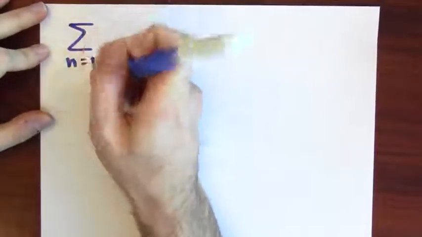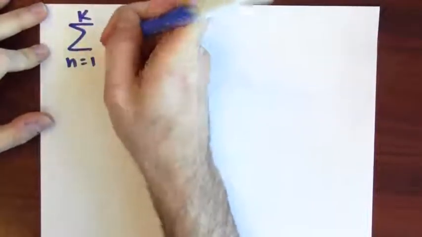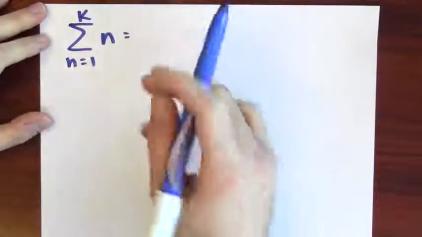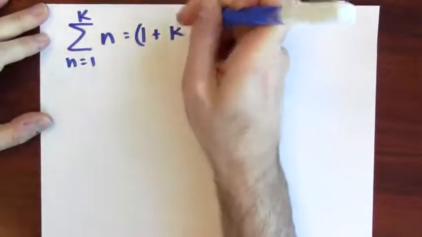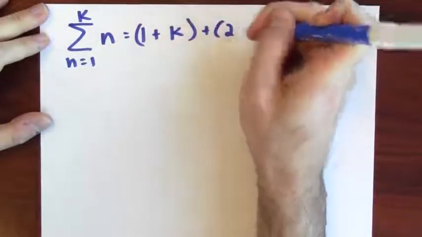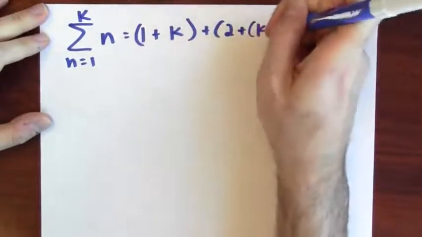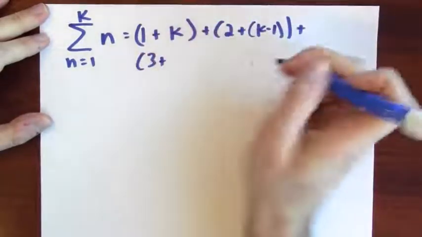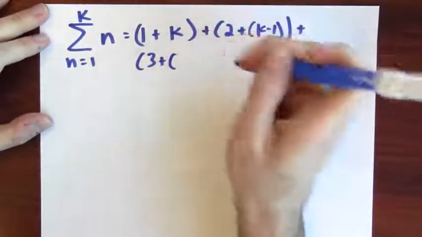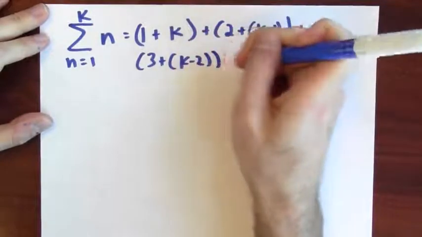So in general, I'm trying to do the sum, n goes from 1 to k, of just n. I'm trying to add up the first k whole numbers. And if I write this in a different order, and let's say k is even, just to make this a little bit easier to think about, I'll take the first number and the last number and add those together, the second number and the second to last number and add those together, the third number and the third to last number and add those together.